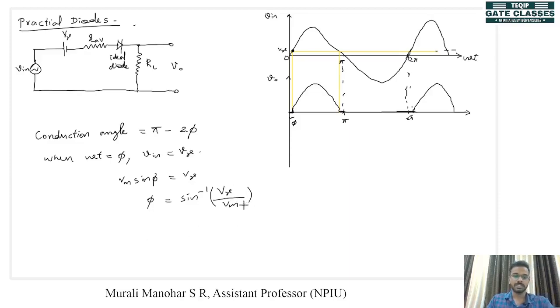From this relation we can find out phi, and from this value of phi we can find out the conduction angle. Now we will see some more terms so that we can find out other performance parameters.